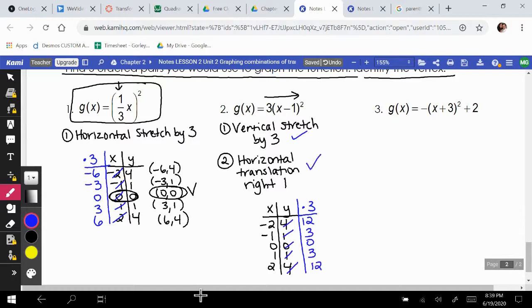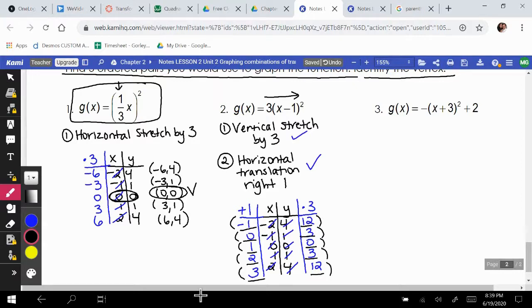Then to horizontally translate it, right 1. It's horizontal, so I'm going to add 1 to my x values. Okay, and that gives me my new points. Negative 1, 12, 0, 3, 1, 0, 2, 3, and 3, 12.